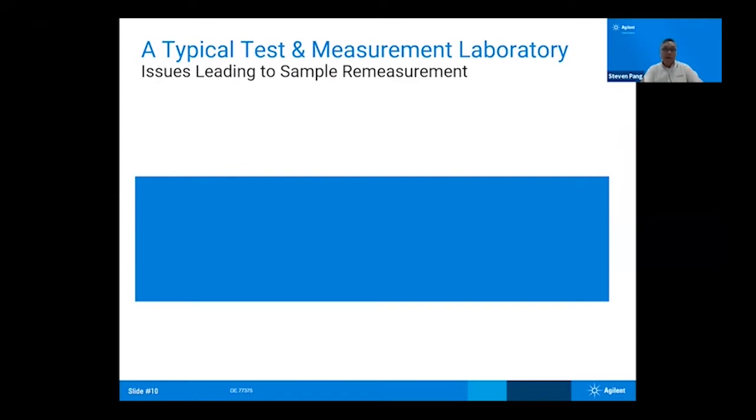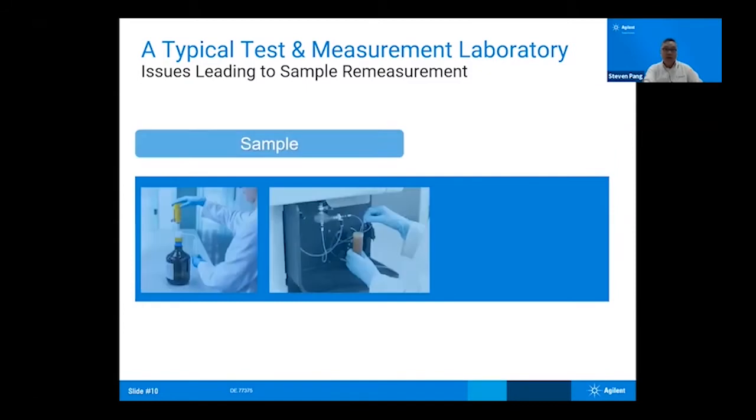Now, let us look at the issues that lead to sample remeasurement for a typical test and measurement laboratory. Broadly, this can be categorized into sample-related issues. For example, during sample preparation, if you have a sample that requires both nitric and hydrochloric acid, and the analyst has forgotten to add hydrochloric acid, does the system have a means of informing you?